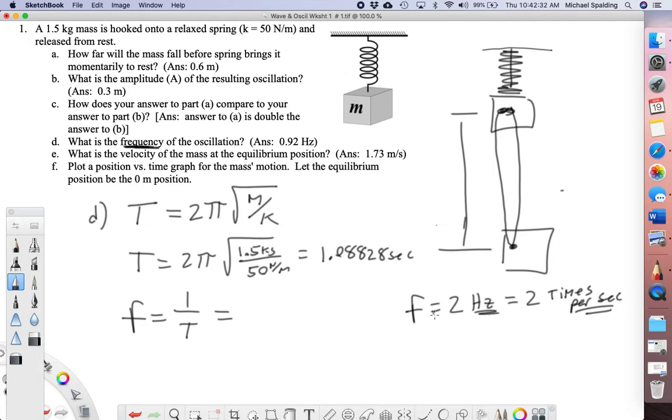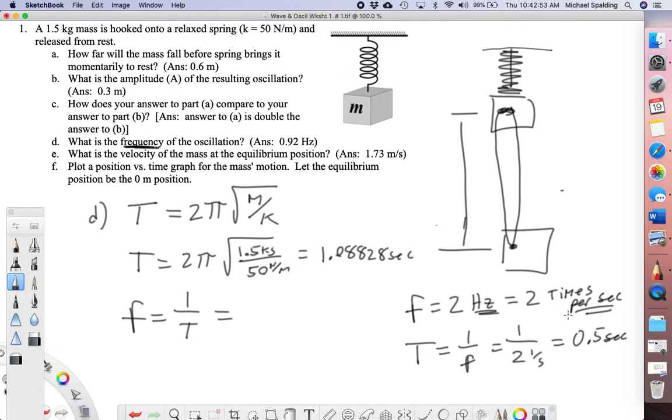Hertz is per second. So if I clap my hands 2 times per second, what would be the time for one hand clap, which would be the period? Period is 1 over frequency. So that would be 1 over 2 per second, which would be equal to 0.5 seconds.